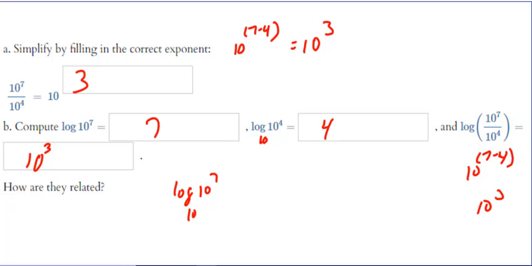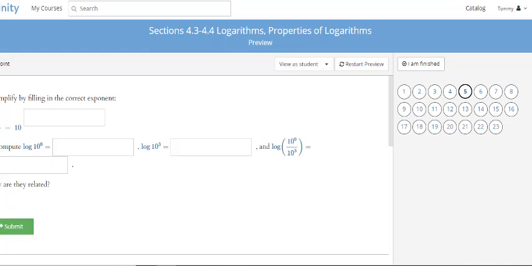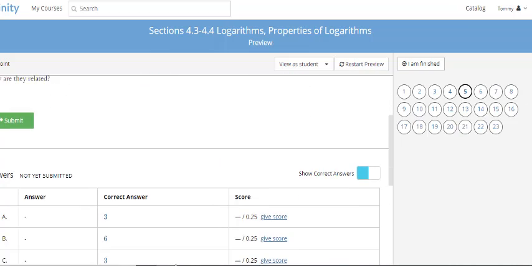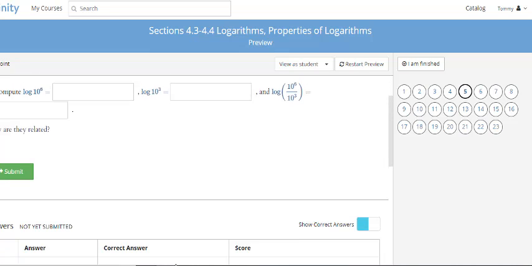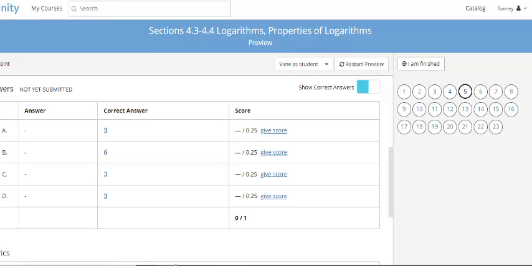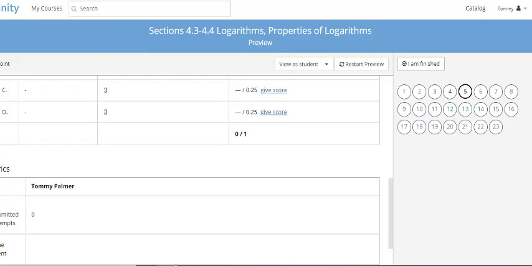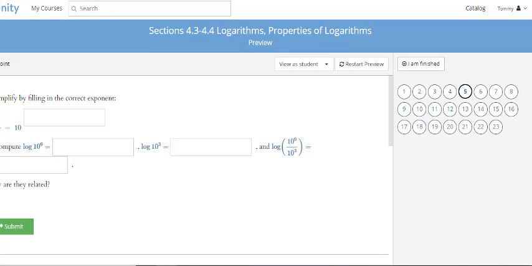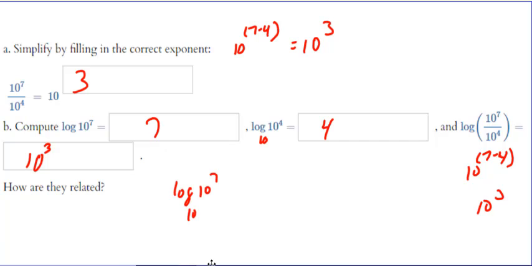Let me look at something real quick, because when I looked at the answers on this, they just done it as 3. They didn't put 10 to the 3rd right there. So that's wrong on their part.